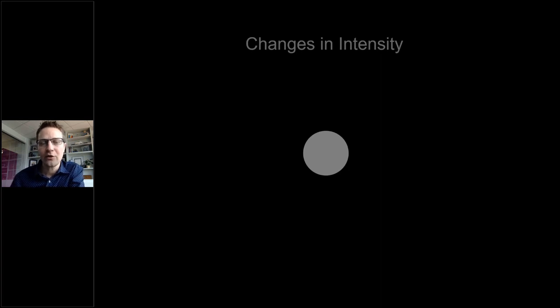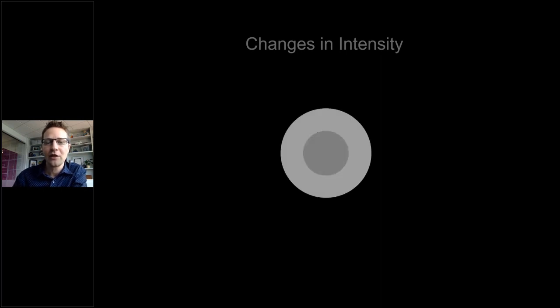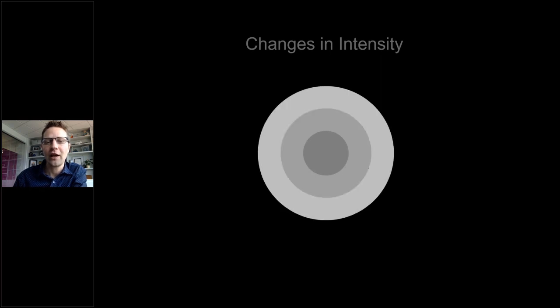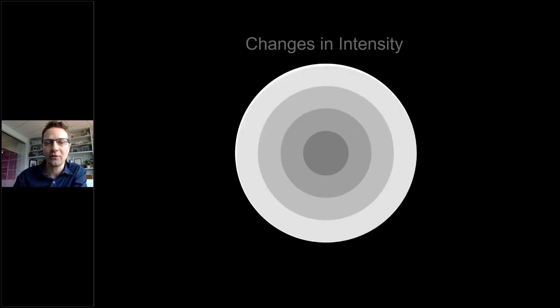I'm now going to, in a series of steps, give you something else in the frame to compare it to, and you'll observe a change in your percept of that circle. So I'm immediately going to start stepping through, surrounding it with slightly brighter and brighter reference stimuli.